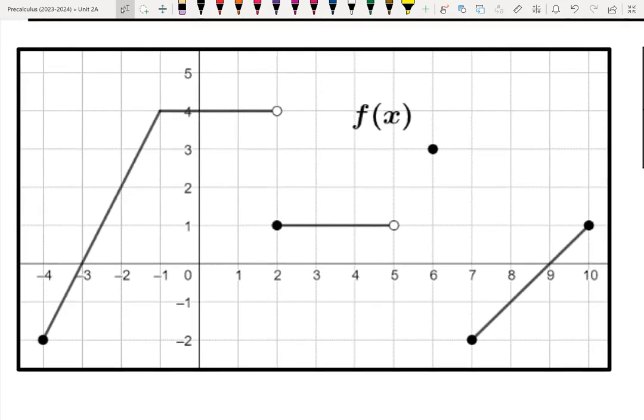Remember, this is f of x. So what is 4? Our x value. So then where am I going to go? Where x equals 4. Here's x equals 4. And where do I go to find f of 4?